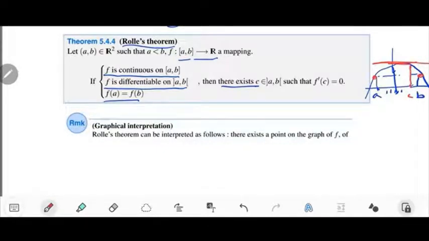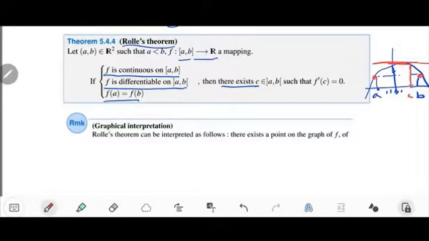So at some point your velocity will be 0. It's where you stop and then you go backwards. And the velocity is the derivative of the displacement function. So it's the same thing. It says that the derivative at a point should be 0, so you can pass by the same place one more time.